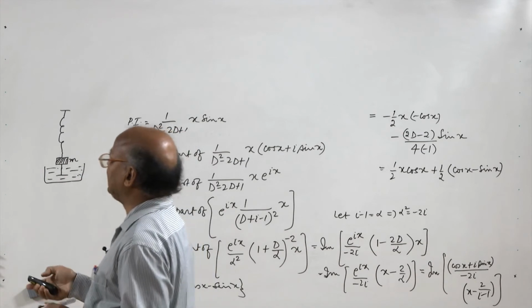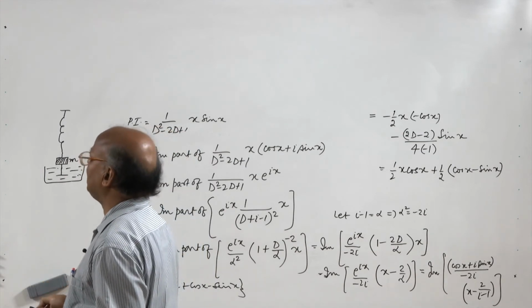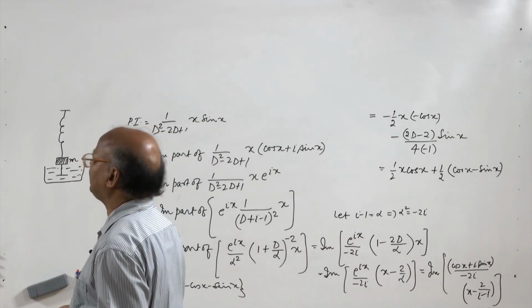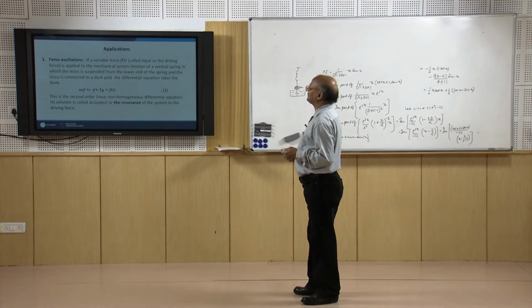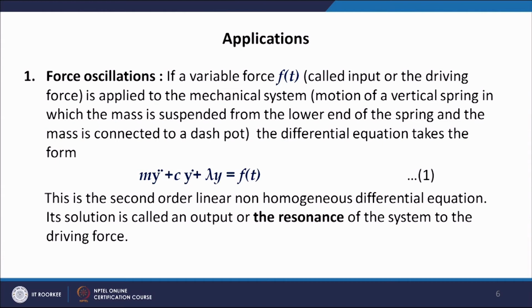So, the differential equation now, when we apply the variable force F(t), will be of the form m y double dot plus c y dot plus lambda y equal to F(t). In the absence of this variable force F(t), we had obtained the second order homogeneous differential equation m y double dot plus c y dot plus lambda y equal to 0. So, now this is a second order linear non-homogeneous differential equation. Its solution will be called an output or the response of the system to the driving force.